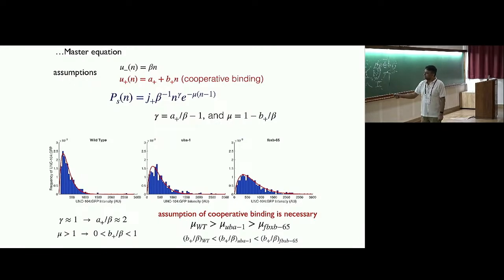mutants, this cooperative binding rate is least for the wild type and maximum for this mutant. So this cooperative binding rate itself is changing, but nothing else. All other parameters remain almost the same. So this cooperative binding rate plays the major role, which sits on the ubiquitination pathway.